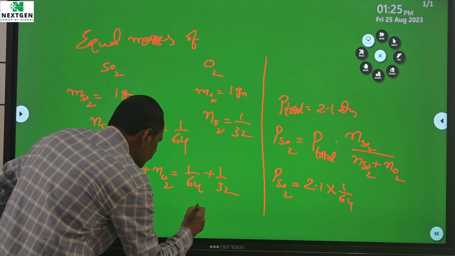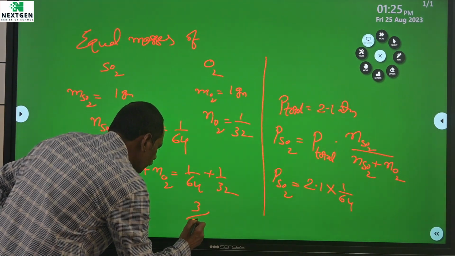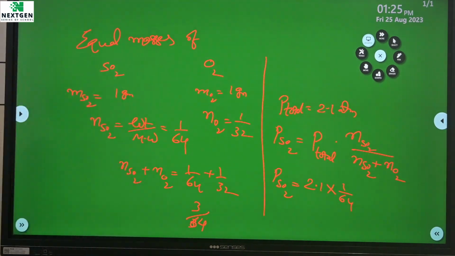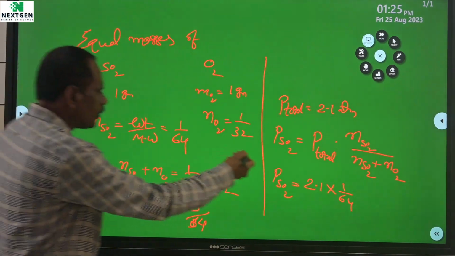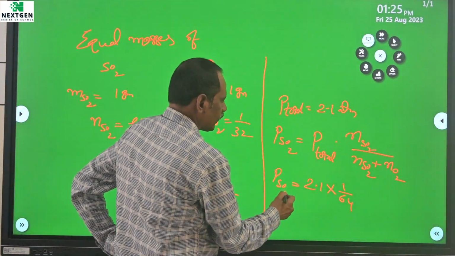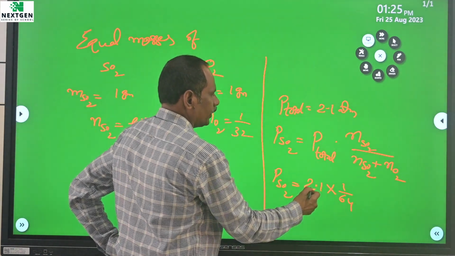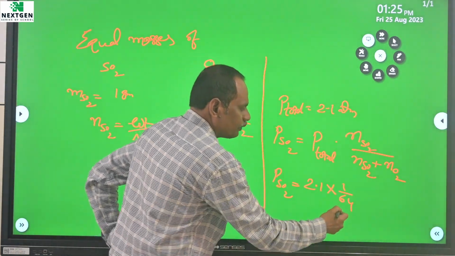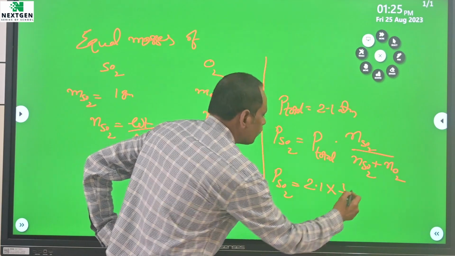That is equal to 3 by 64. So the total mole number is 3 by 64. The partial pressure of sulfur dioxide is equal to total pressure 2.1 into number of moles of sulfur dioxide 1 by 64, by 3 by 64.